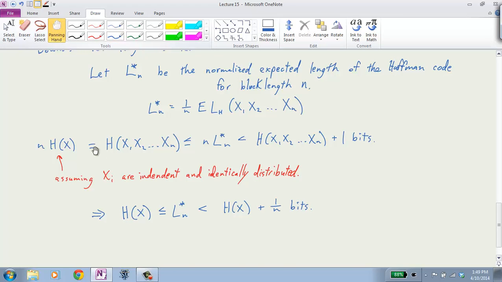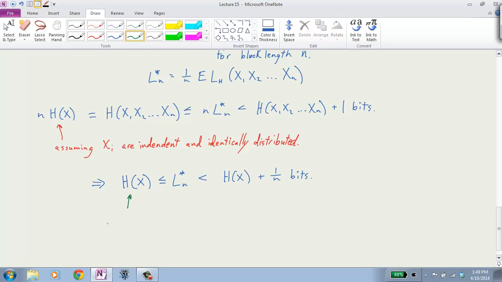We used the independence, but English, for example, is not independent from one to the next. So there's something called an entropy rate. And the entropy rate, which is just basically looking at how the entropy of long sequences behaves when you divide by n, rather than assuming they're independent.